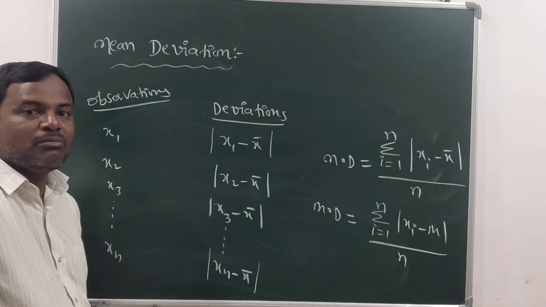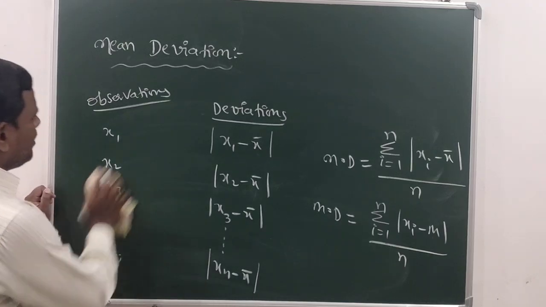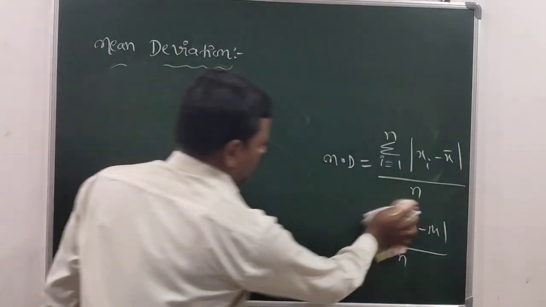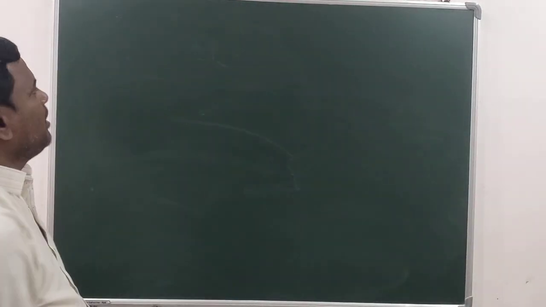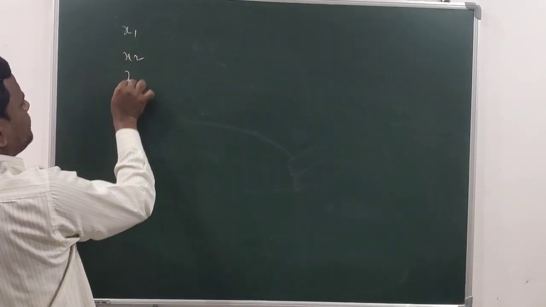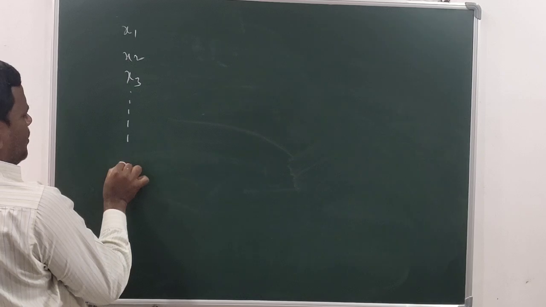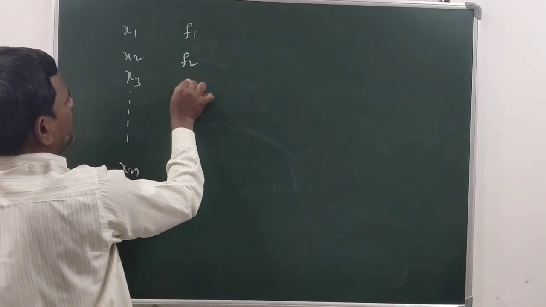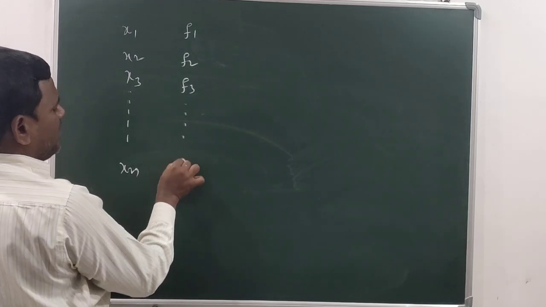Sometimes you will get data like this. See students, data means observations, and along with them their frequencies f1, f2, f3 and so on fn.